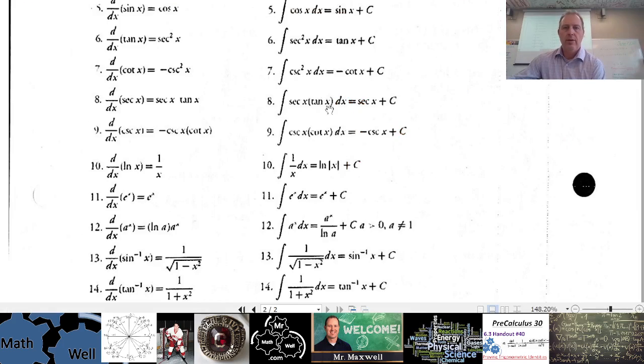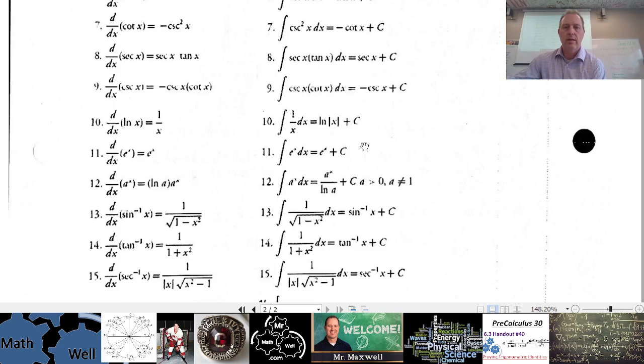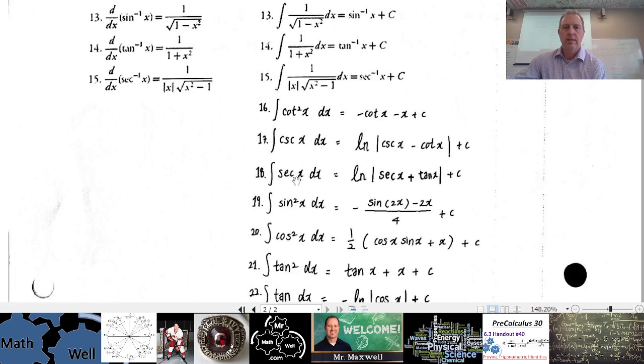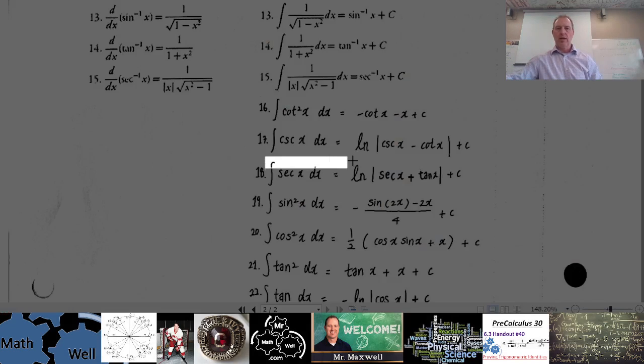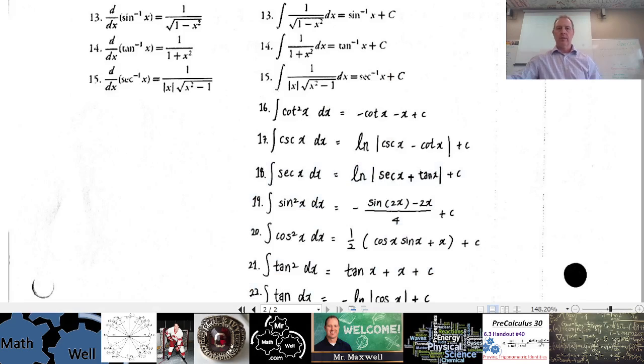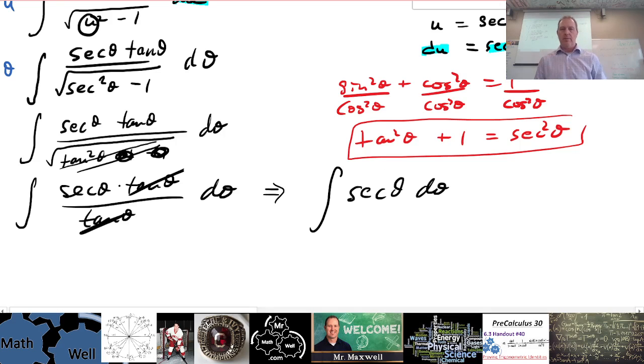Okay, integral of secant. Secant, I believe. All right, so the integral of secant should be on your chart there that you can certainly use.